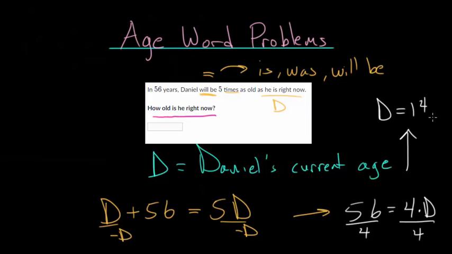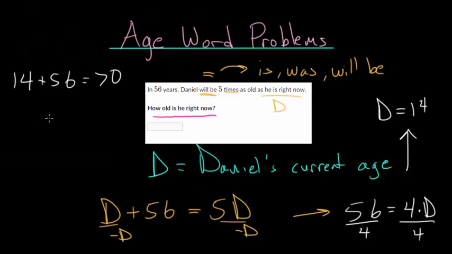Now, once you do get a value, these can be checked. In fact, they're not overly difficult to check, so you want to get in that habit. Because at this point, we think this is the answer, but you really only know for sure when you try and make sense of it with the information they gave us. If he's 14 right now, then in 56 years, he would be 70. And it's saying that when he's 70, he will be 5 times as old as he is right now.